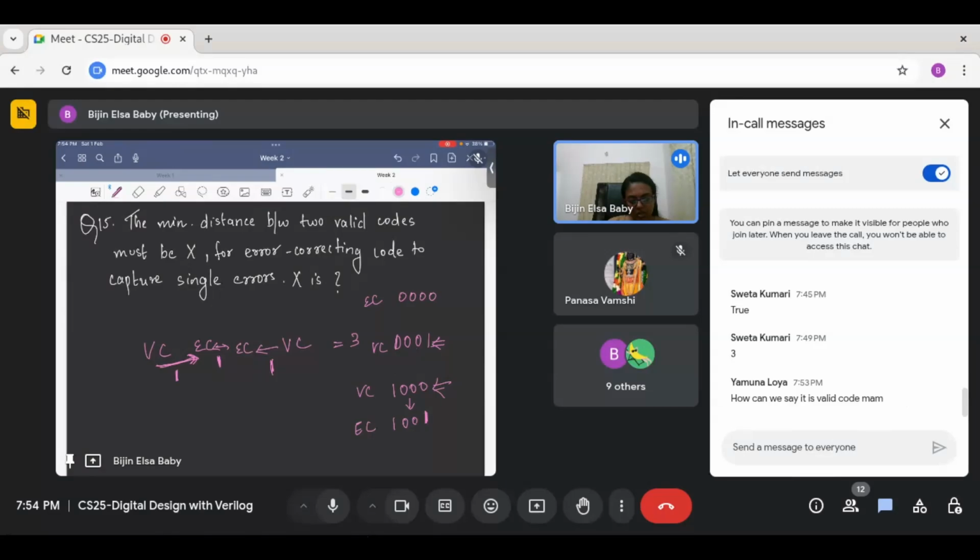From this error code, it will be 000. So if you change these 2 bits, then the total is 1 plus 2, which is 3.